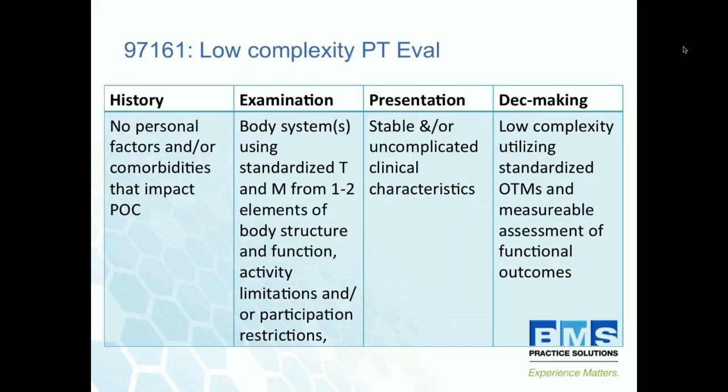So the elements of the examination are the ones that are easiest to achieve for each level of evaluation, and we'll see examples in a few minutes. So is the presentation stable or uncomplicated, right? So if it's stable or uncomplicated, then it's got a low complexity evaluation. The clinical decision making is low complexity, utilizing standardized outcomes tests and measures and measurable assessments of clinical outcomes. So you have to meet the elements required in each of the 4 categories in order to reach a decision on which PT evaluation to pick.